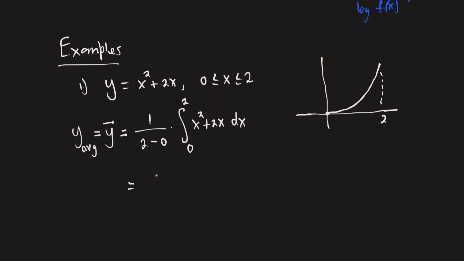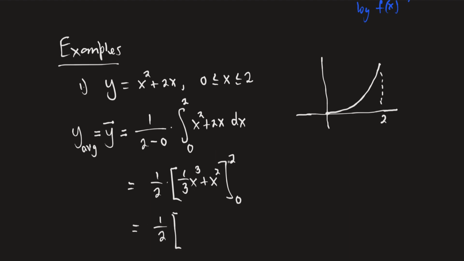So this is 1/2. And then our antiderivative, so now we have to evaluate this using our fundamental theorem, find our antiderivative, which is 1/3 x cubed plus x squared, and then I'm going to evaluate that at 0 and at 2, and then take a difference. So I have to have that 1/2 there.